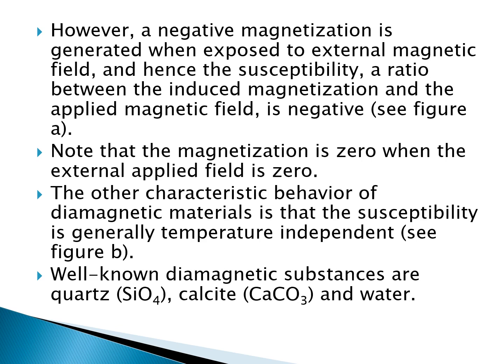The magnetization is zero when the external magnetic field is zero. The other characteristic behavior of diamagnetic material is that the magnetic susceptibility is generally temperature independent. Well-known diamagnetic substances are quartz, calcite, and water.